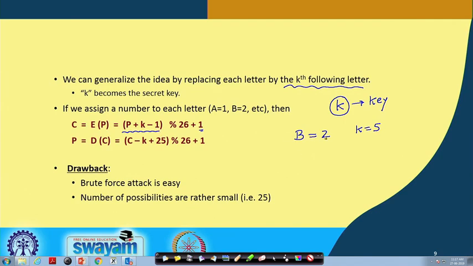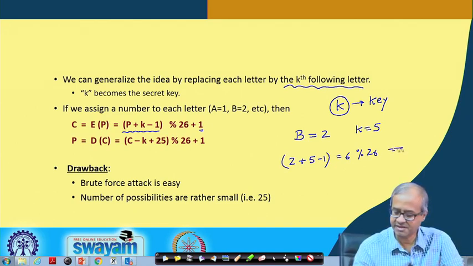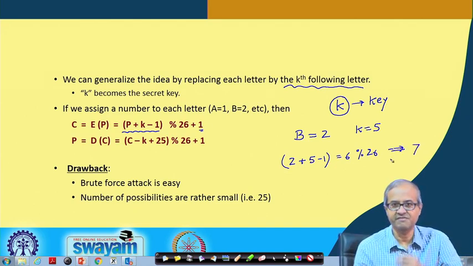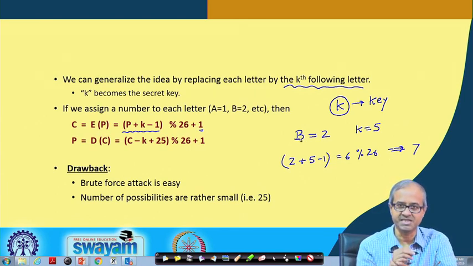Here P is this B, 2, plus 5 minus 1. So, this is 6. If you take modulo 26, divide by 26 and take the remainder, it remains 6, 6 plus 1 is 7. 7 is A, B, C, D, E, F, G. So, B will be replaced by G.